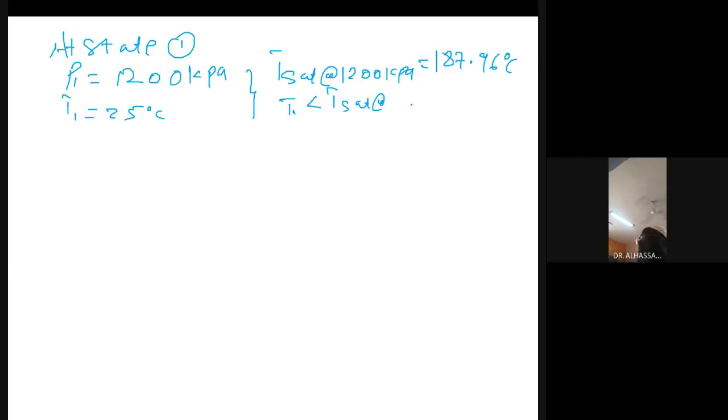So if we draw on our TS diagram, this is T saturation. Now it means T saturation is greater than T1, so T1 will be somewhere here. You understand me?